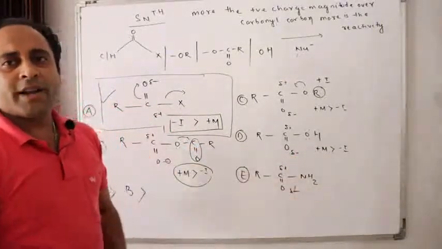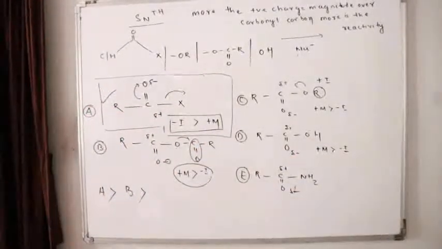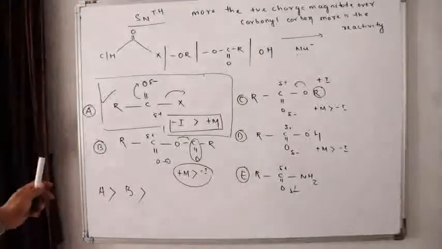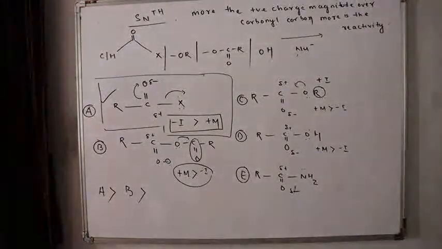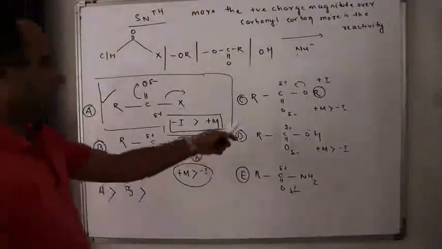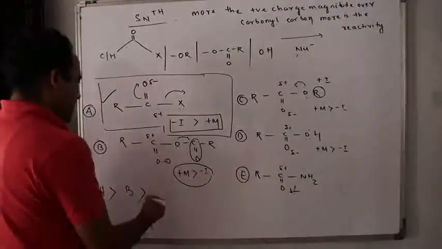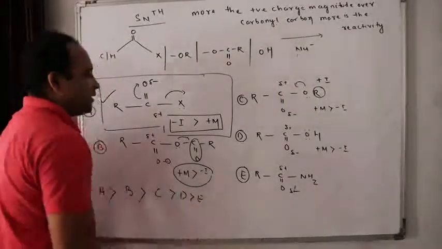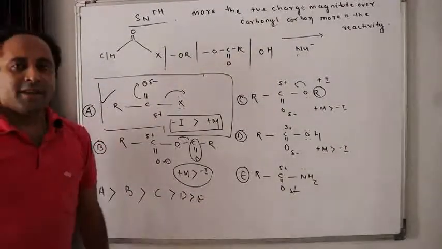So who will be more reactive in this case? Tell me quickly. First acid halides, then anhydrides, then esters, then carboxylic acids, then NH2. It's as I have written A, B, C, D. Okay, clear.